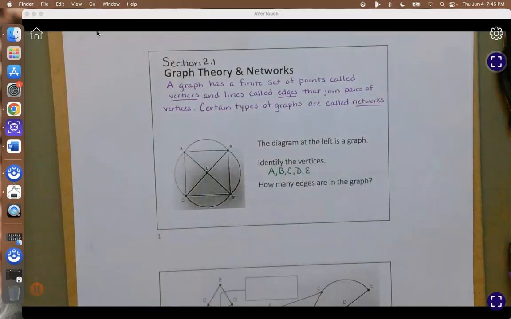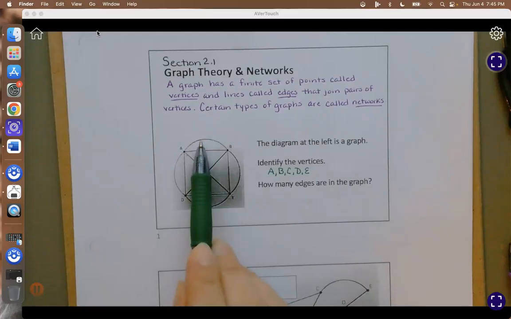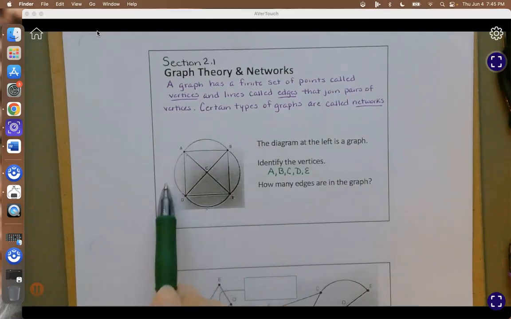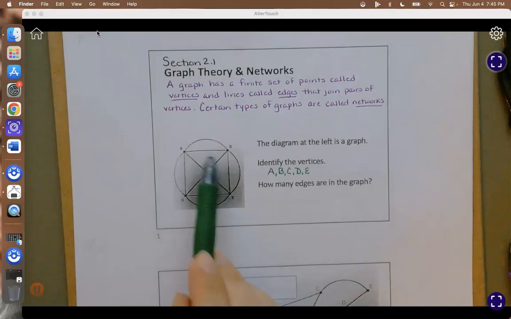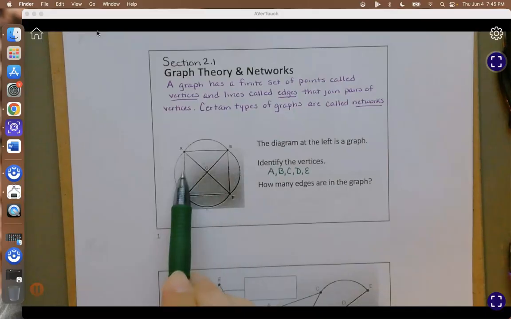Okay, because if it were a vertex, it would be given a point. Okay, but it doesn't have a point listed there, so it's just where the 2 lines cross. It's not an actual vertex.